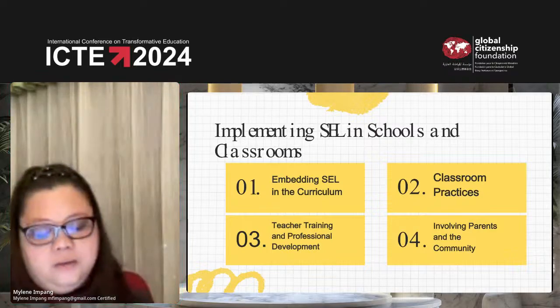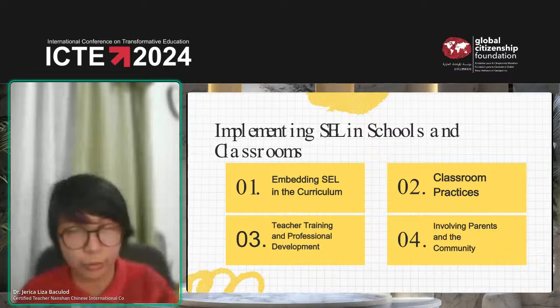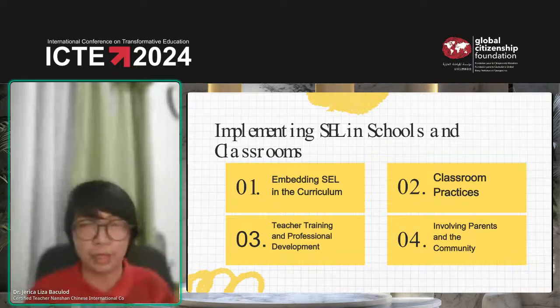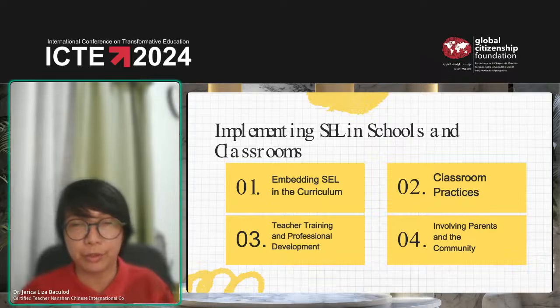Okay. Now, for classroom practices, as a teacher, every morning I do this in my class, along with the other programs that we are doing. The mood meter really works for kids, especially at primary level, because they enjoy choosing the icons.